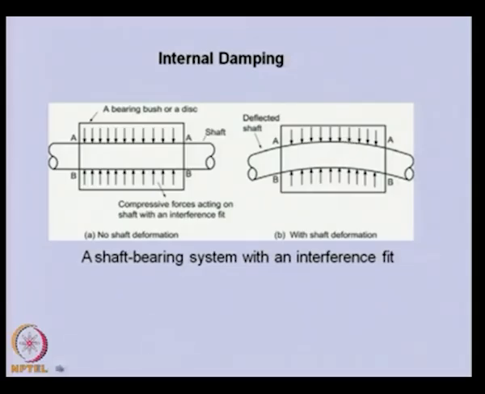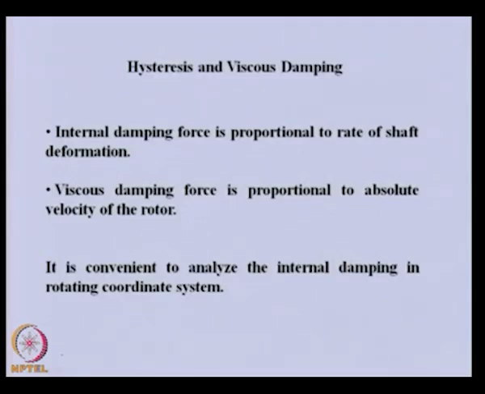Now, coming to the difference between hysteretic damping and viscous damping: the internal damping force, which is nothing but hysteretic damping, is proportional to the rate of shaft deformation, but the viscous damping force is proportional to the absolute velocity of the rotor.